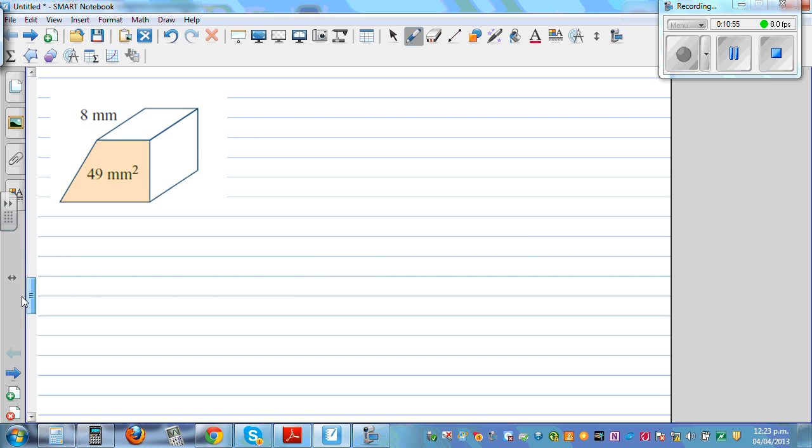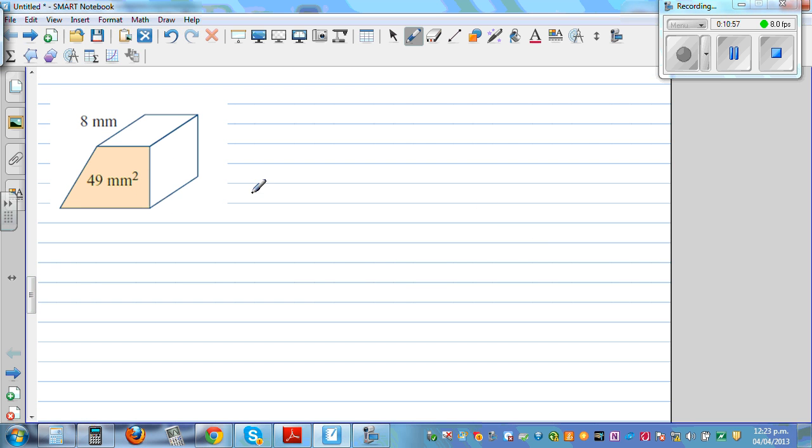Okay, now this is a trapezium. The base has the shape of a trapezium. So you know the base area. The formula is the same. Volume is base area times height. Your height is 8 millimeters.